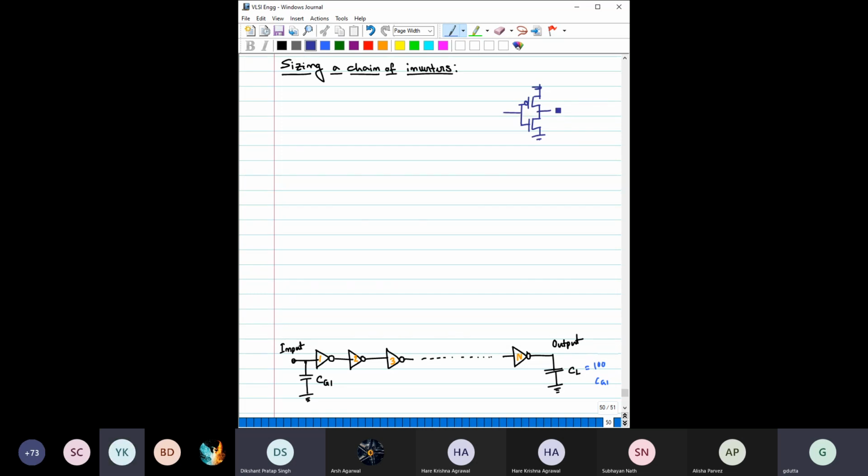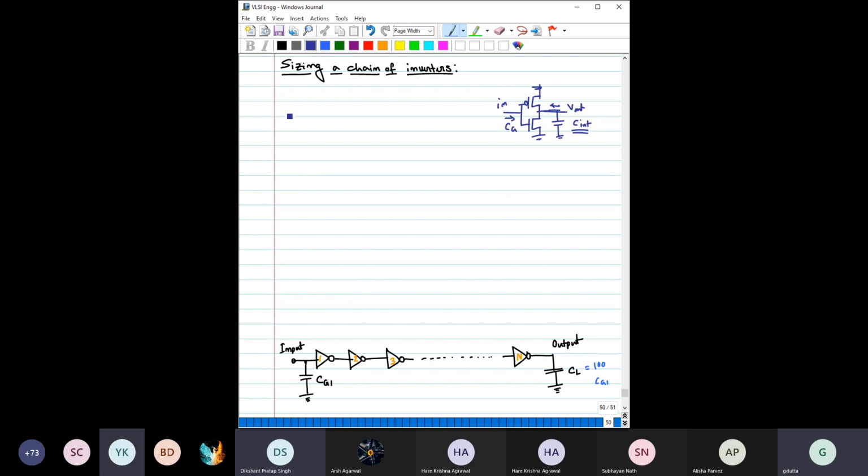It has some intrinsic capacitance due to self loading, connected at the output node. Seen from the input node, it has the gate capacitance as well as the overlap capacitance; let us say this is Cg. Seen from the output node, with no external load connected, you still see a capacitance Cint, which is due to self loading.